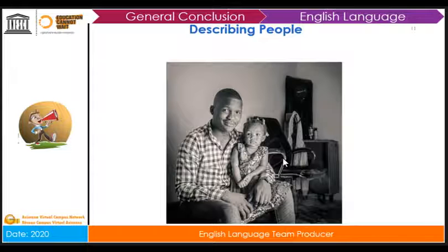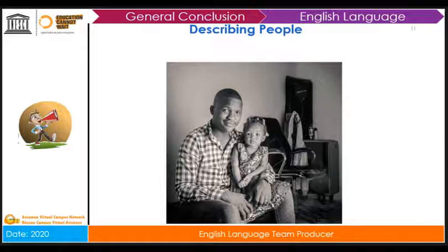You also learned that at times you have to describe people who come to your house or your school. You describe them so that others can have information about these people. You can describe people by talking about their height, their skin color, the dress they are wearing, and their hair.